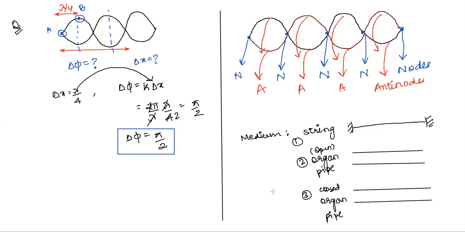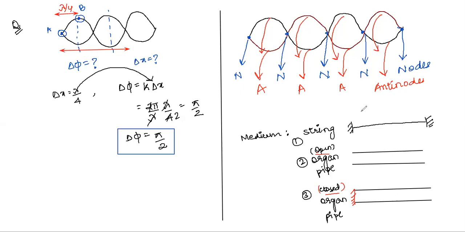So a cylinder in which one end is closed is called a closed organ pipe, whereas if both ends are open, it's called an open organ pipe. Please remember this, class. So there are three mediums: string, open organ pipe, and closed organ pipe, in which oscillation takes place.